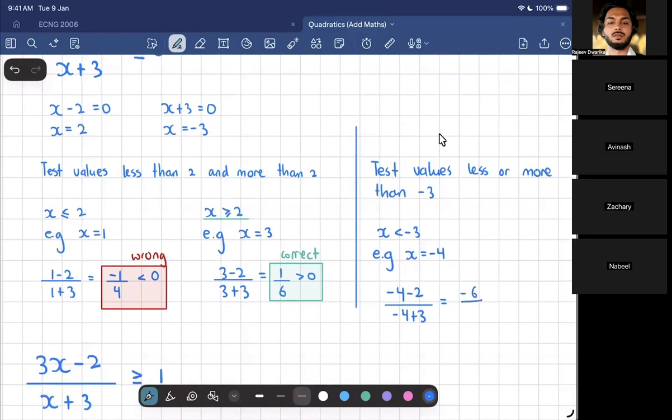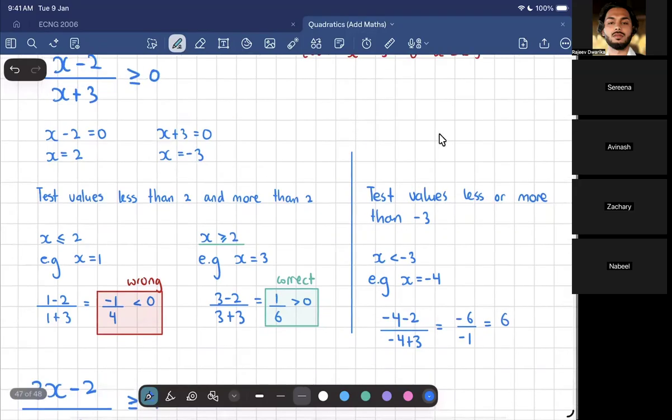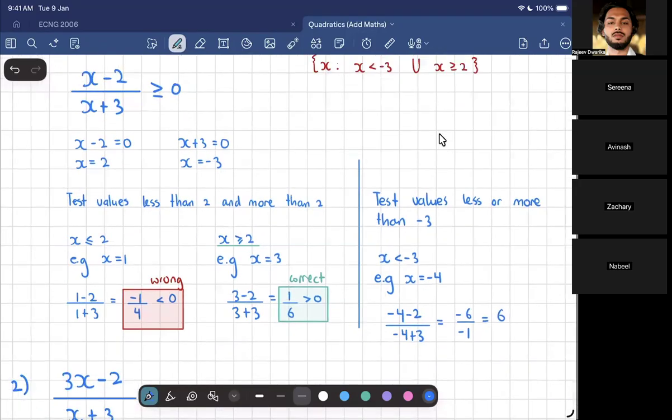What is -4 plus 3? -1. What's a negative divided by a negative? Positive. Right. So talk to me. Is that part of my solution then? Talk to me. Is that part of the solution? What is 6? 6 is what?